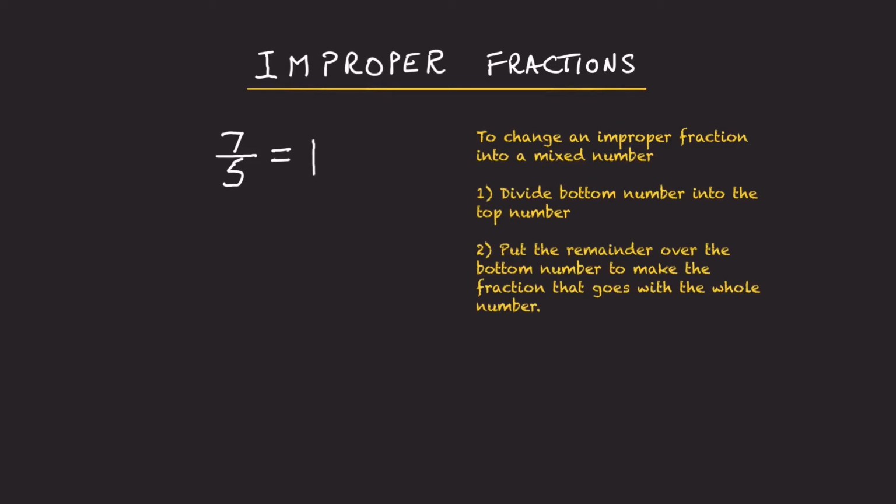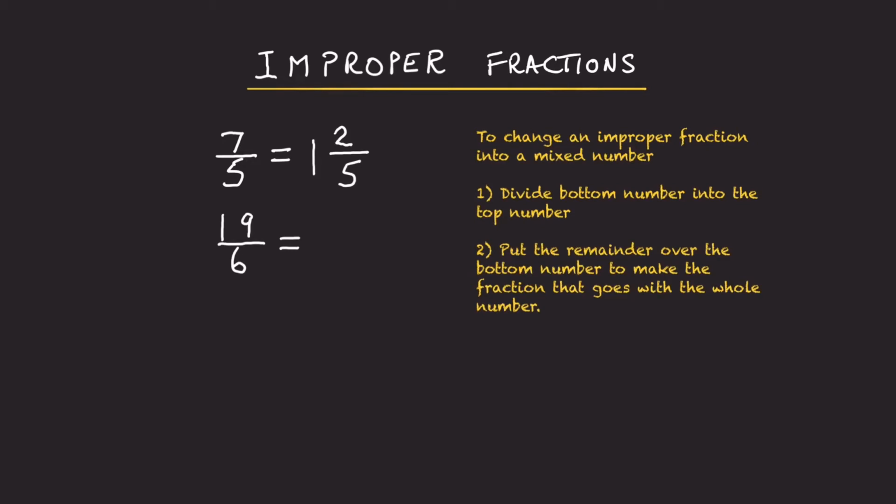The remainder will be 2, and I will now put that remainder over the bottom number to make the fraction that goes with the whole number. So if the remainder is 2, then I will be putting 2 over 5, and so my final answer will be 1 2/5.